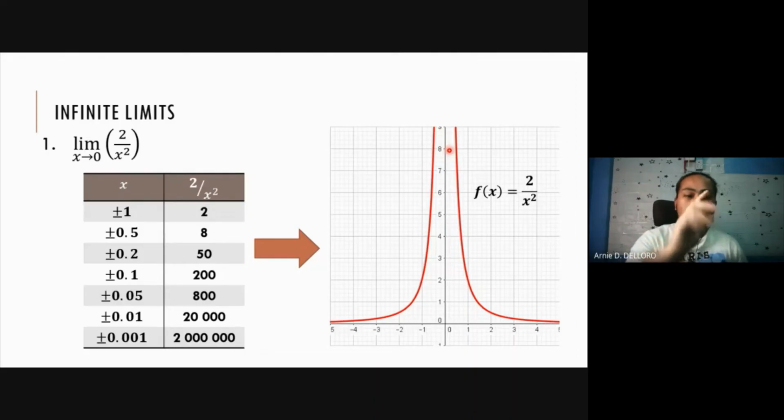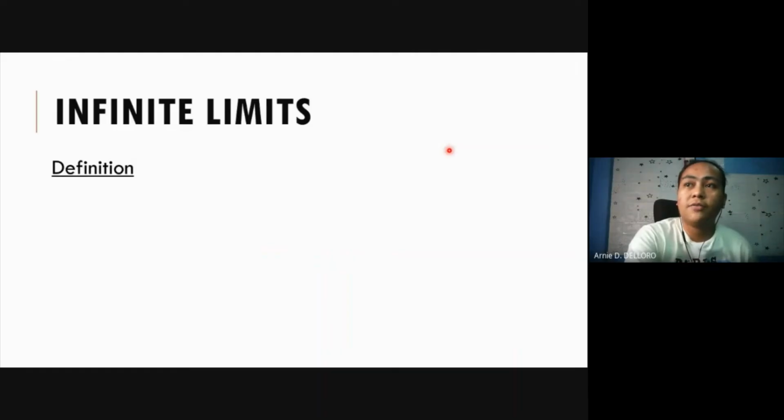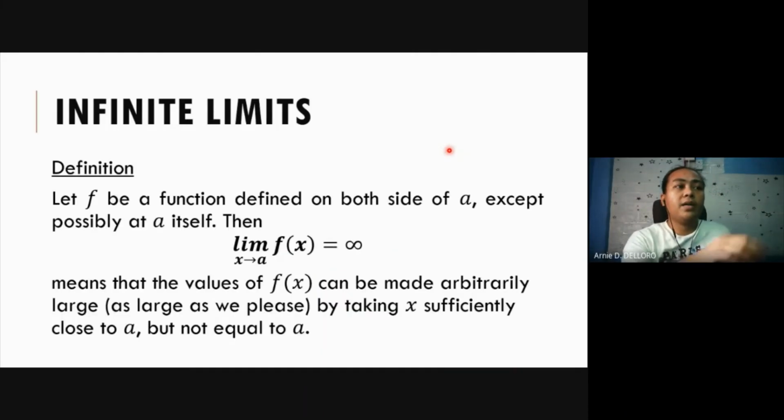Okay? So this will now be, or we will now be introducing here the infinite limits. And in this case, we define infinite limits as, or we let f be a function defined on both sides of a, except possibly at a itself.